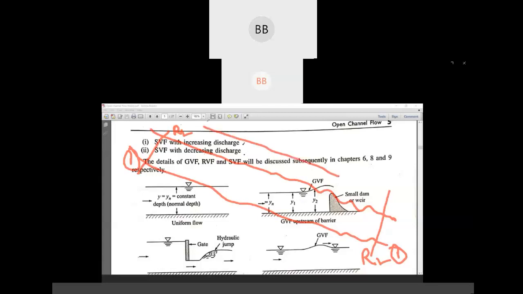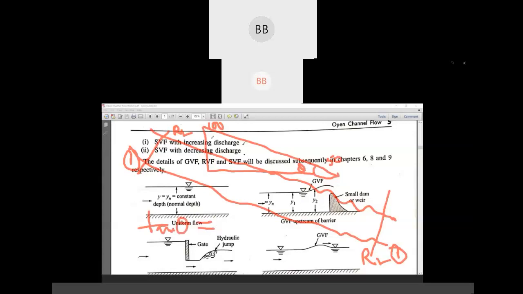Suppose here it's your 100-meter RL, and here if you consider it's 50. Then we are going to find out this angle. That will be your slope. That is tan theta. Tan theta is nothing but your RL.